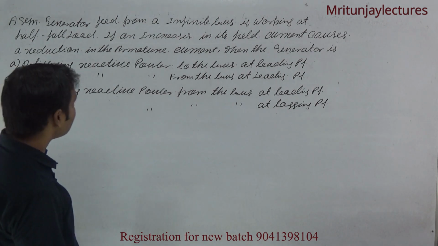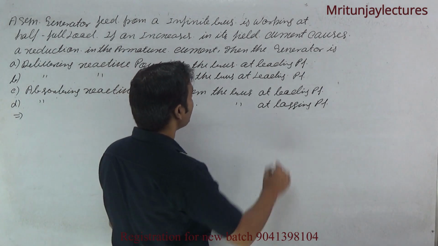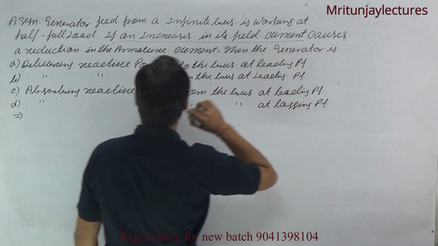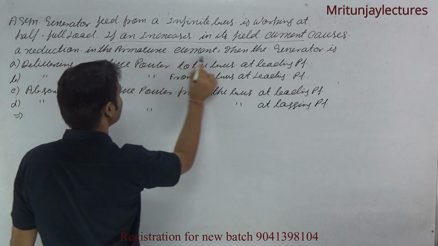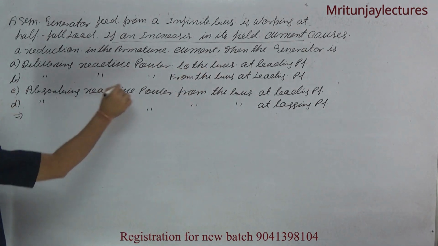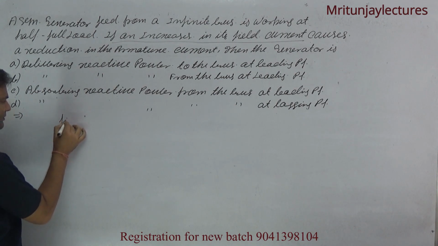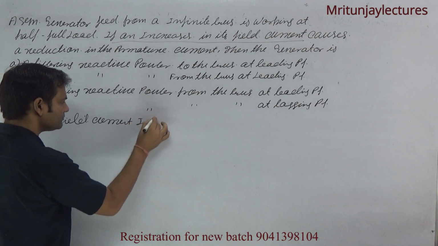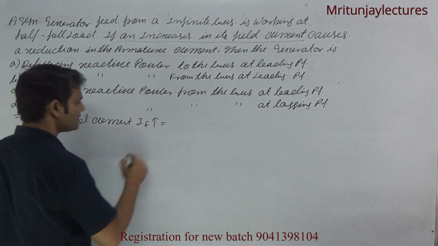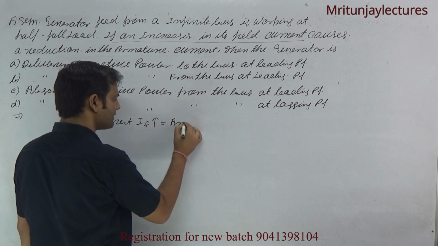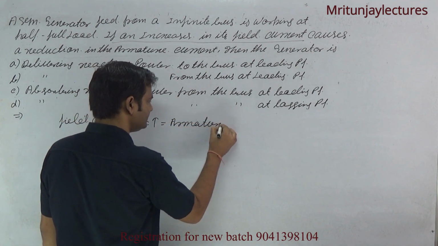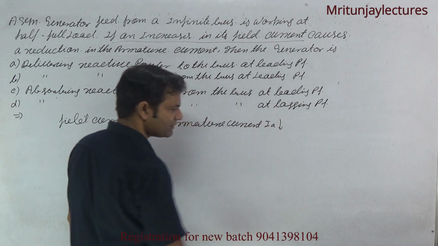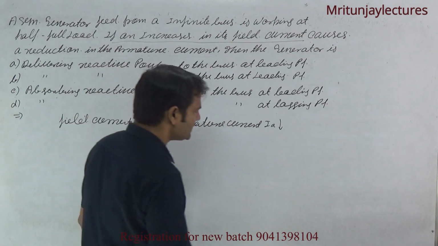If an increase in its field current causes a reduction in armature current, field current increases, armature current IA decreases.